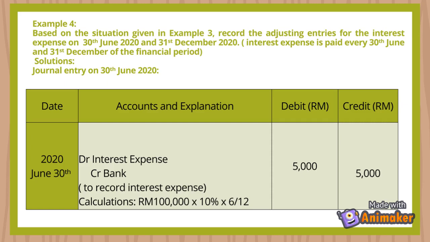To record the payment of interest on 30th of June, the journal will be debit interest expense 5,000 ringgit and credit bank with the same amount. And we will record the same journal entry on 31st of December 2020 in order to pay the second half of the interest expense.